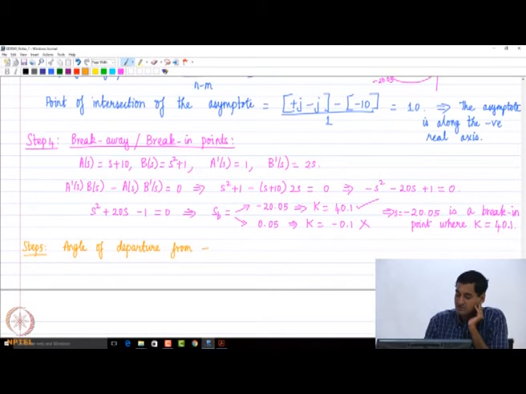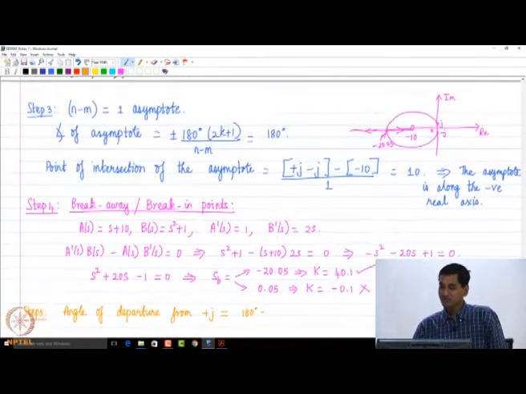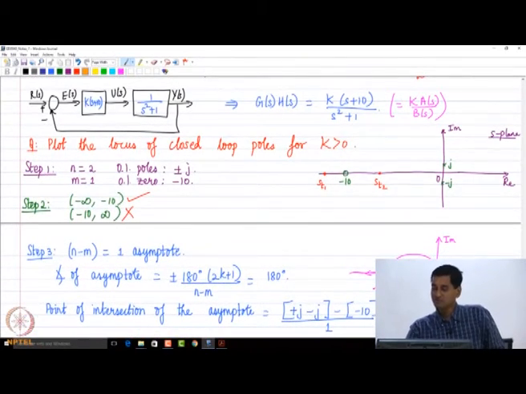So, let us calculate the angle of departure from plus j. What is the formula for angle of departure from an open loop pole? It's 180 degrees minus the sum of the angles made by the vectors from other open loop poles to this open loop pole. We are considering plus j, right? What is our only other open loop pole?